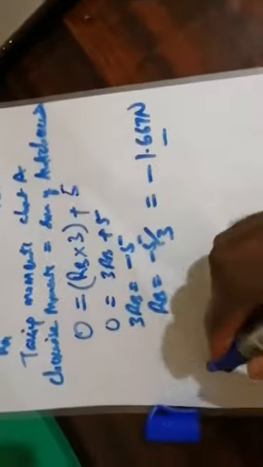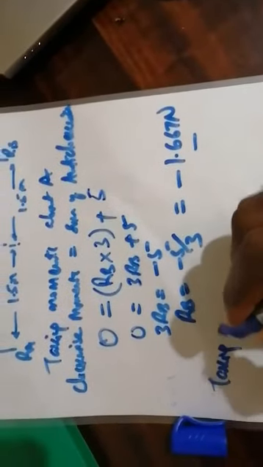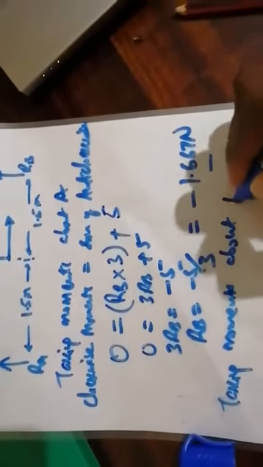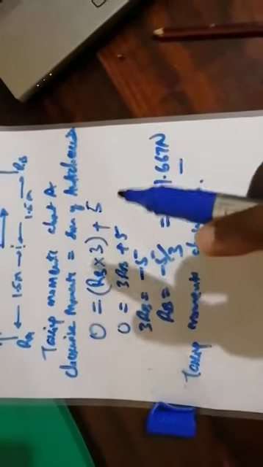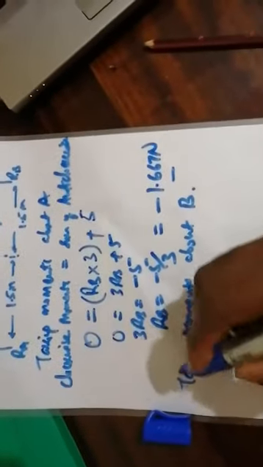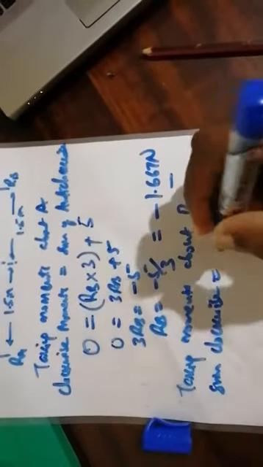Now, let us take moments about point B. When you're about point B, applying the principle of moments again, the sum of clockwise moments should be equal to the sum of anti-clockwise moments. The clockwise moment about point B is RA, which is trying to rotate our beam clockwise, acting at a distance of 1.5 plus 1.5.